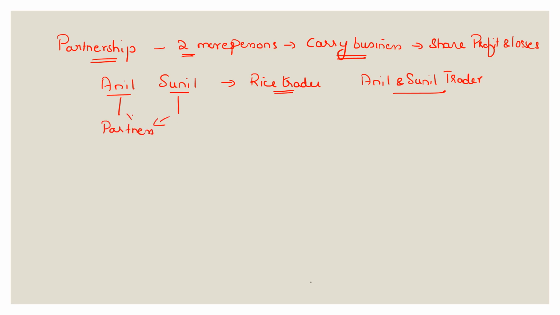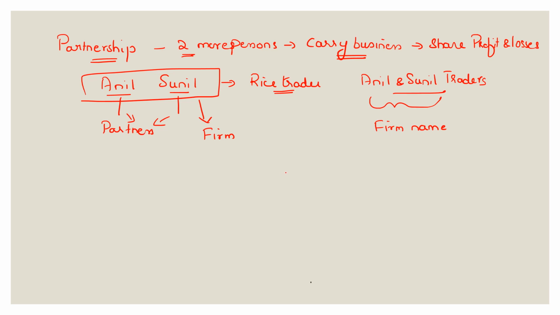Both of them individually are called as partners and they are carrying the business under the firm name of Anil and Sunil Traders. So this is the firm name and both of these two individuals together form a firm. So this is what is partnership in general.